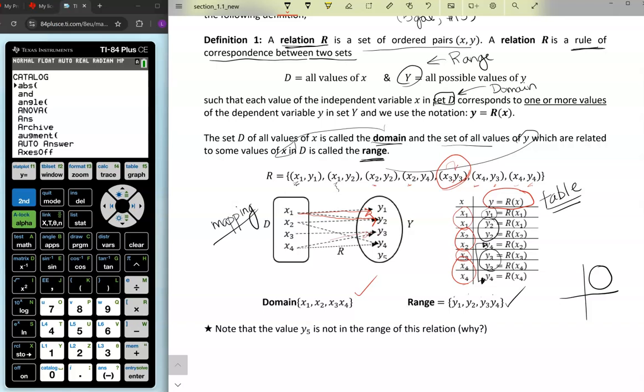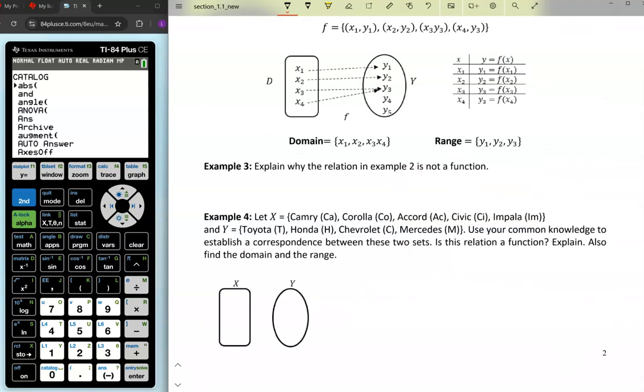And all of these y values out here, they had nothing to do with the range because they weren't used. And all of the x values down here had nothing to do with the domain because they were not used. The domain is a set of all of the inputs, and the range is a set of all of the associated or corresponding outputs.